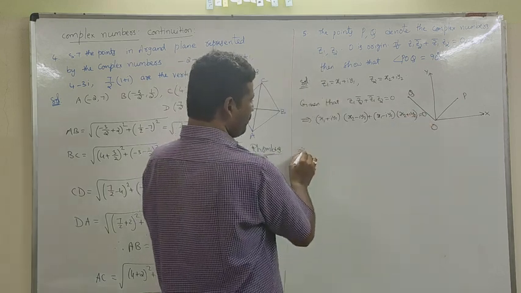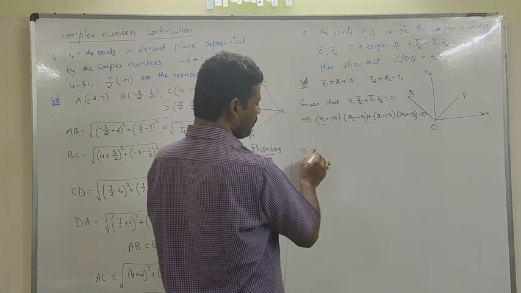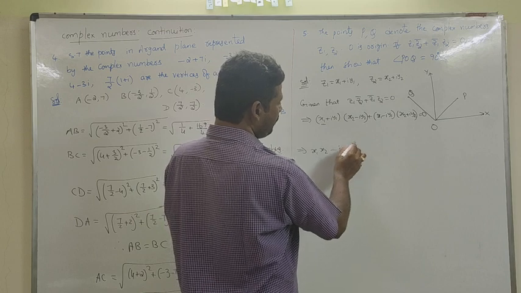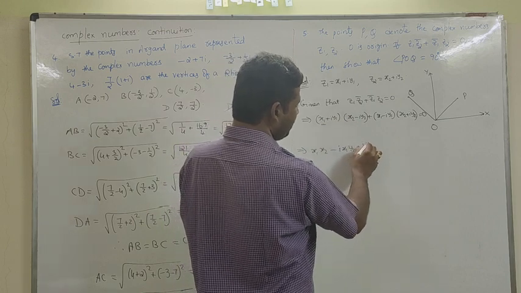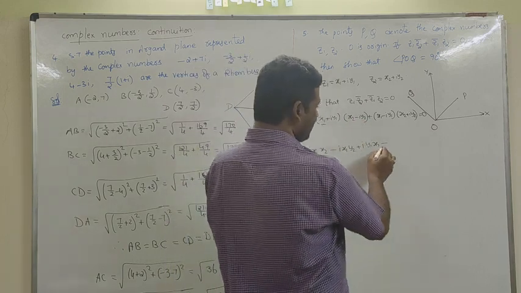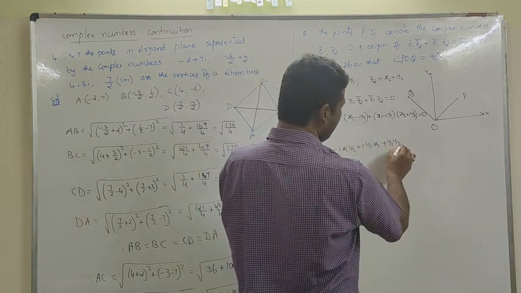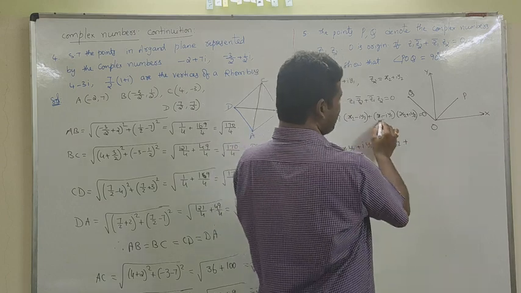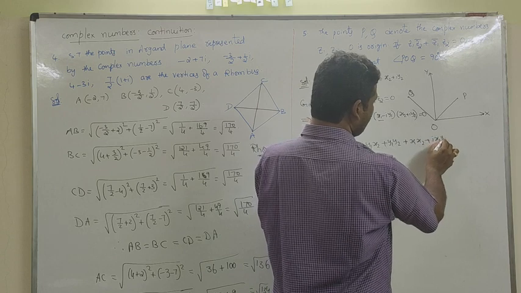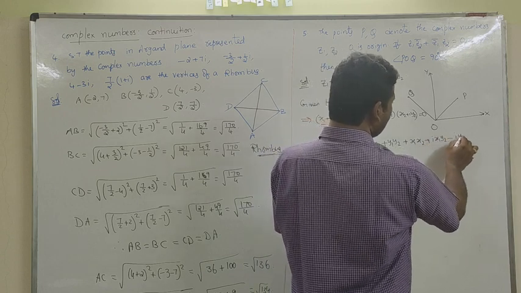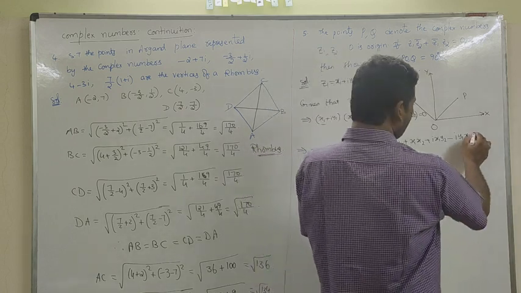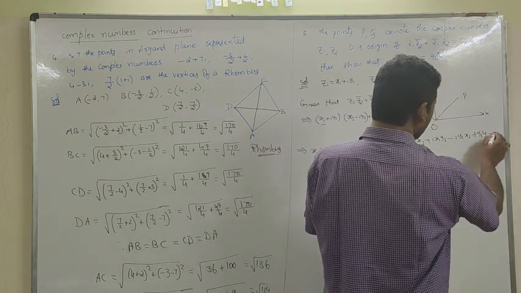Now multiply this: x1x2 - i x1y2 + i y1x2 + y1y2, plus x1x2 + i x1y2 - i y1x2 + y1y2 equals 0.